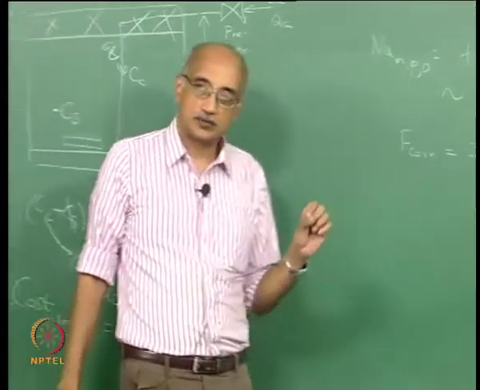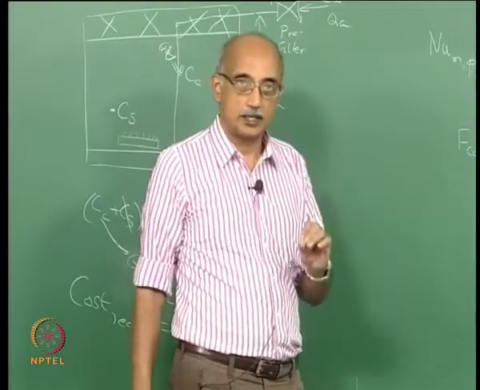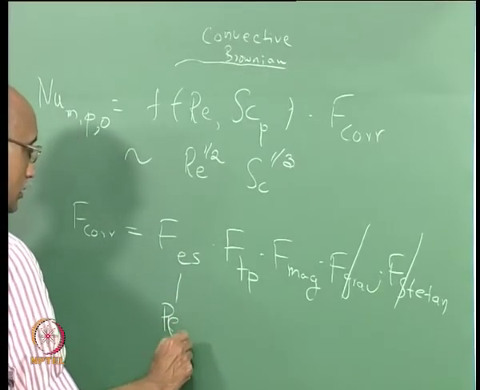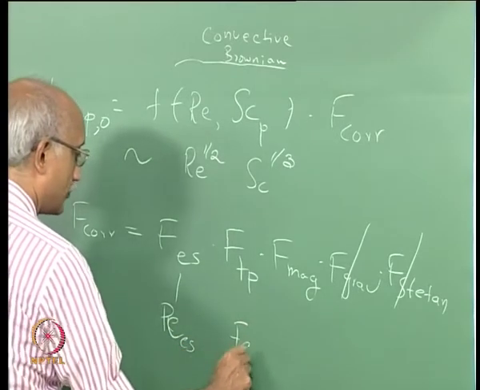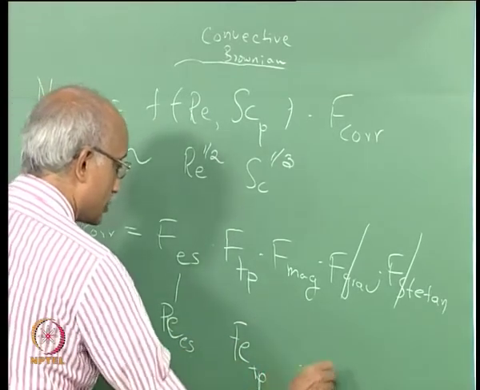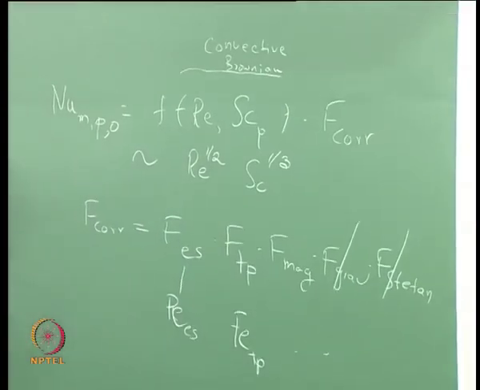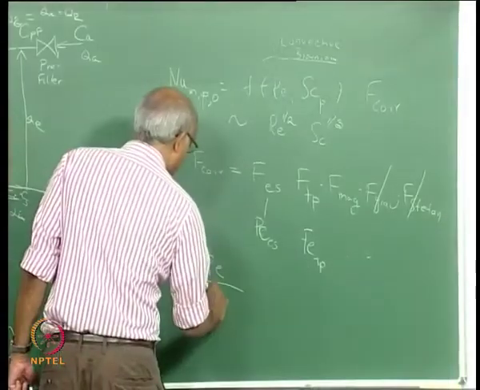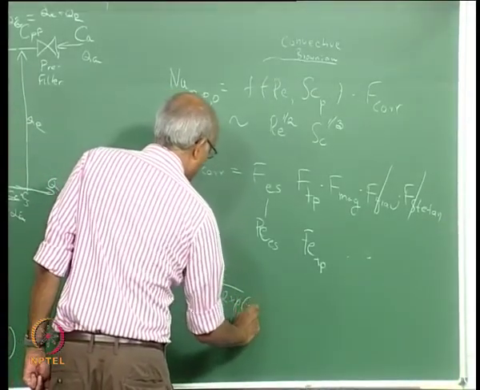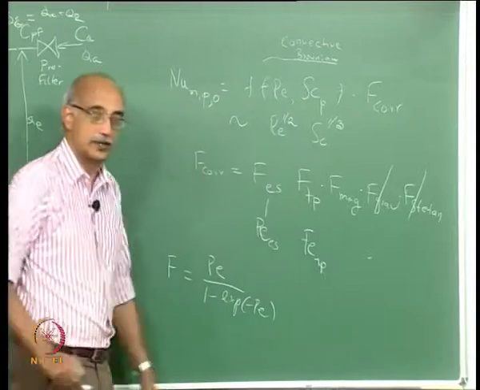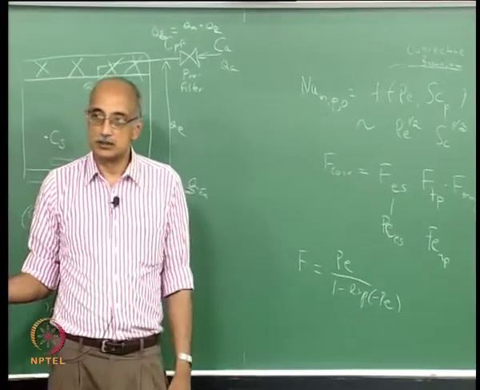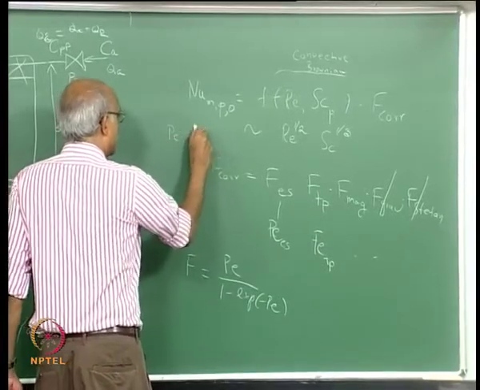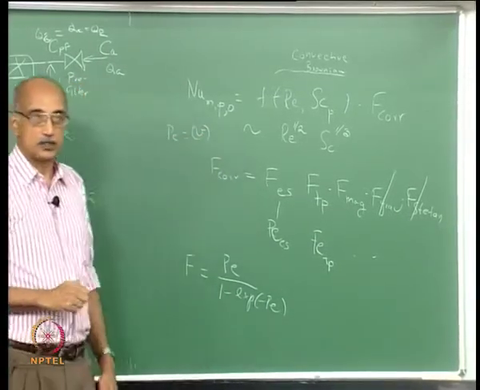You may remember that for each of them there is an associated Peclet number. So there is a Peclet number for electrostatic, a Peclet number for thermophoresis and so on, and the correction factor itself is typically written as Peclet number divided by 1 minus exponential of minus Peclet number, where the Peclet number is defined as a characteristic velocity that is associated with the phoretic force.